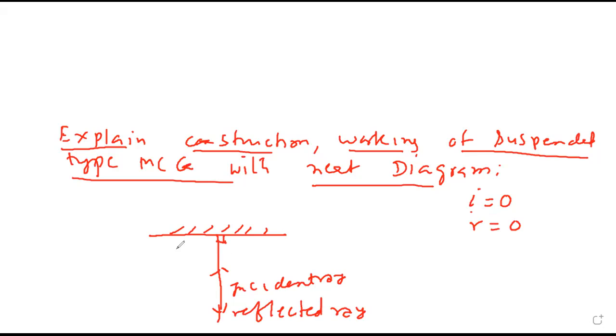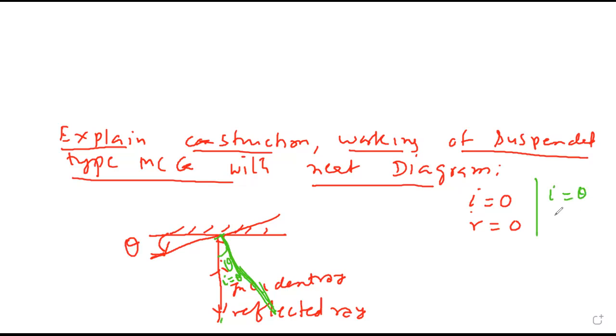Now keeping this incident ray fixed, if we rotate the mirror by some angle theta, then clearly this normal will also rotate by theta, because the perpendicular to the mirror is called the normal. So in this position, the angle made by the incident ray with the normal becomes i equals theta.